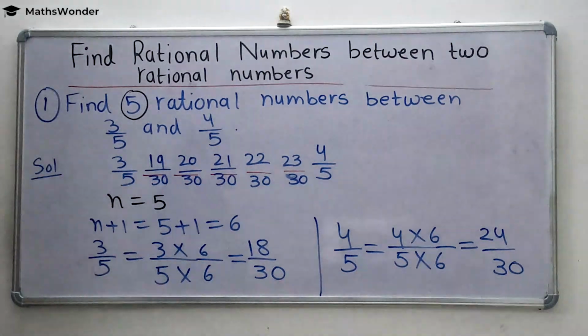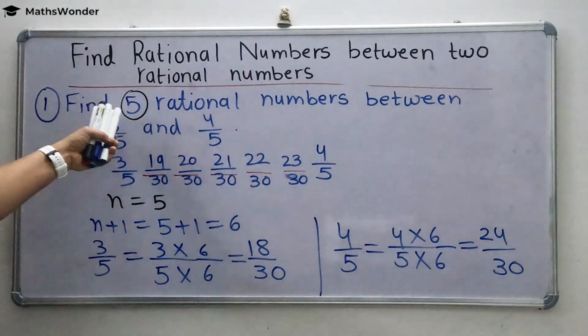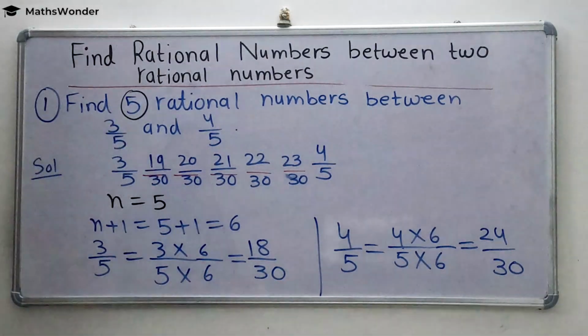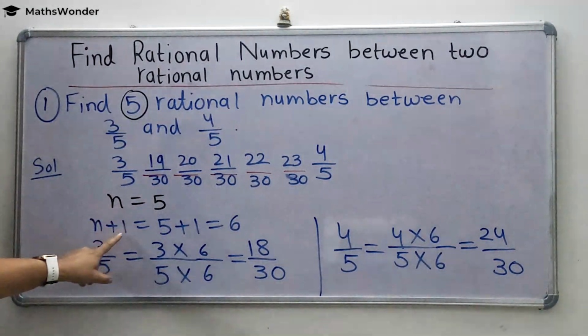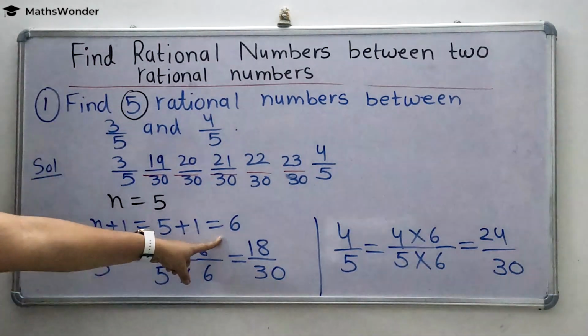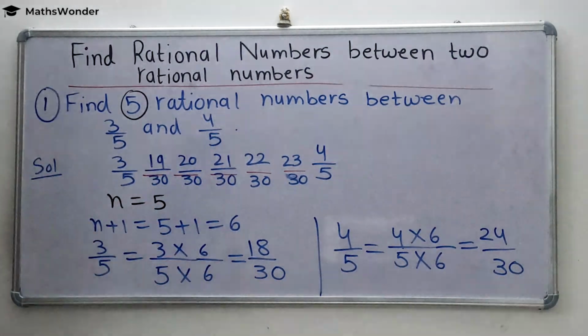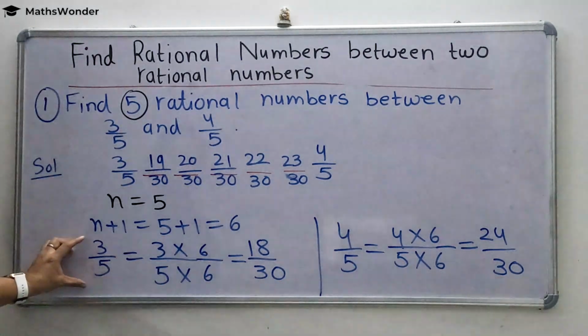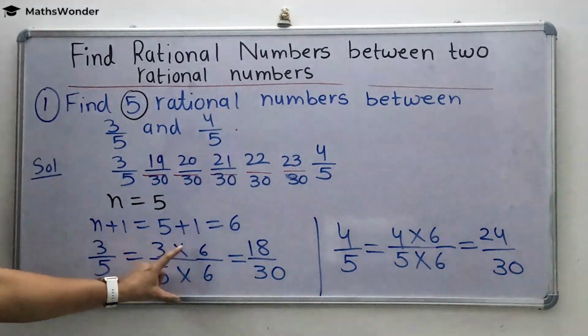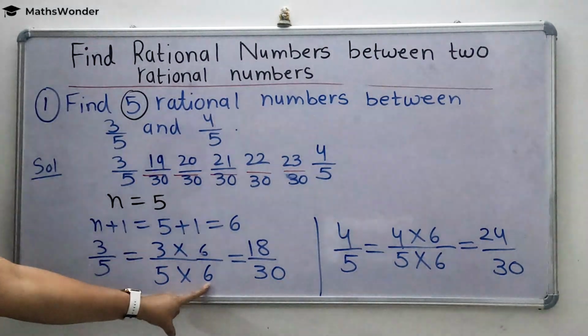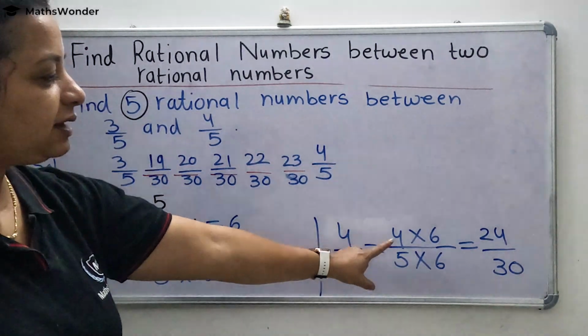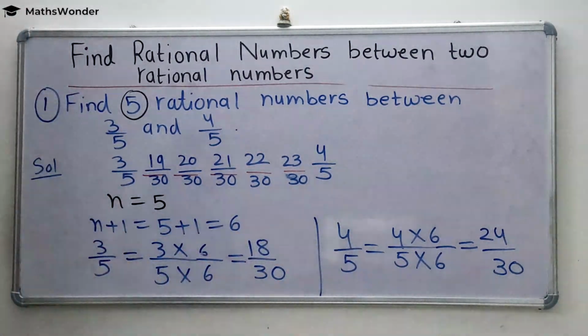So the concept is, whatever number of rational numbers you have to find, you will consider that as n. Here n is 5, so n plus 1 is 5 plus 1, which is 6. That 6 is the number we will use in our formula. So 3 over 5, multiply and divide by 6. Same with 4 over 5, you will use the number 6 for multiplication and division.